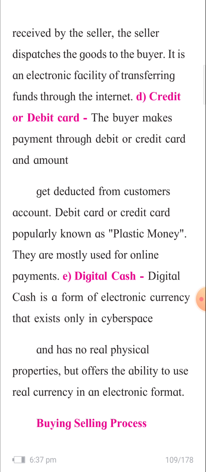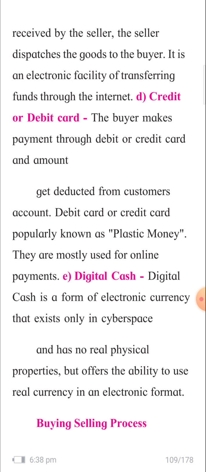Now the last option for the payment is digital cash, in which the debit card or credit card or COD or cheques, these types of things are not used. It is totally electronic currency, but actually our money will be cut, but it comes under electronic currency.